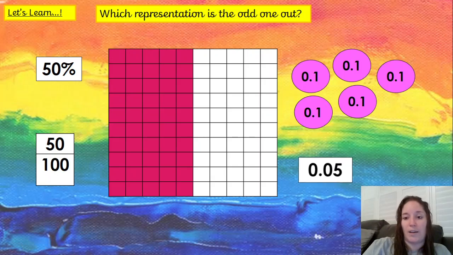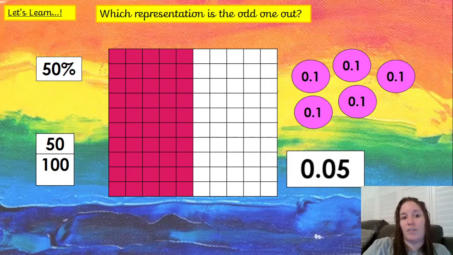So the odd one out is 0.05, because 0.05 is the same as 5%, 5 blocks, 5 hundredths. It's not 50.